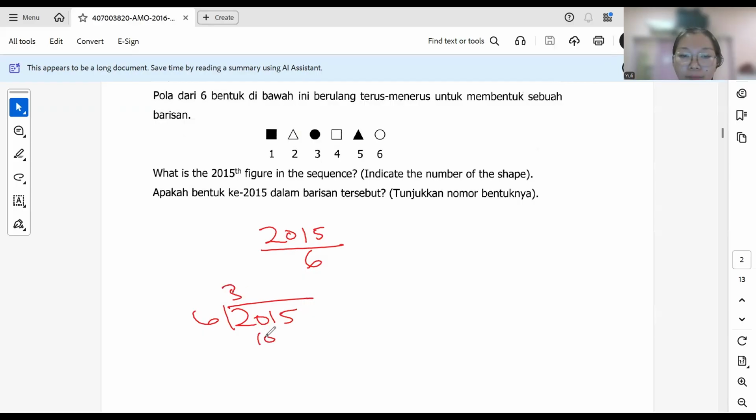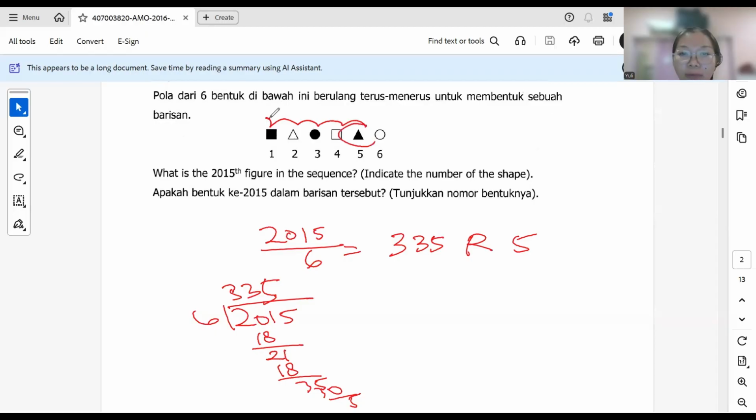It's 3. It will repeat for 335 cycles, but the remainder is 5. So after it cycles 335 times, it will finally land on the 5th figure. 1, 2, 3, 4, 5. This is the answer. Okay, so the answer is the black triangle.